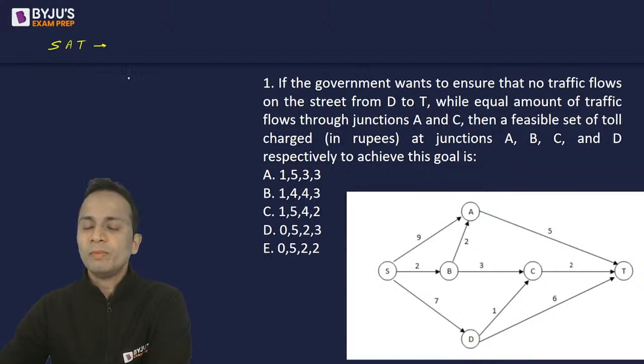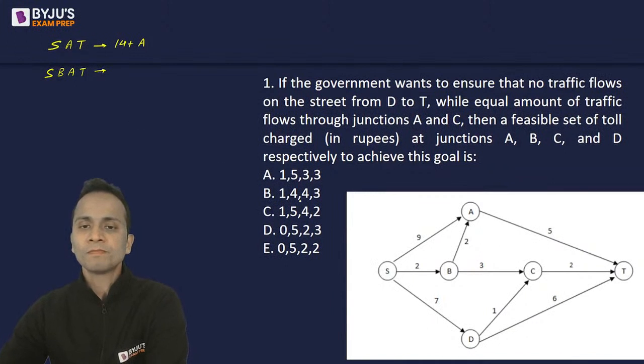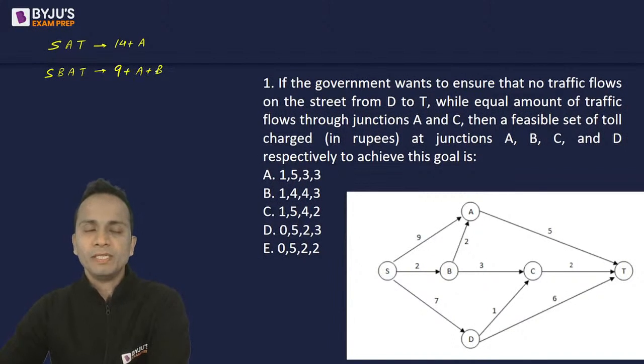The cost here will be 9 plus 5, that is 14, plus the toll charged at A. Right? Now the second route will be SBAT. I'm writing these routes. You all can keep verifying all of these routes. The cost will be 2 plus 2 plus 5, that is 9, plus toll at A and toll at B.